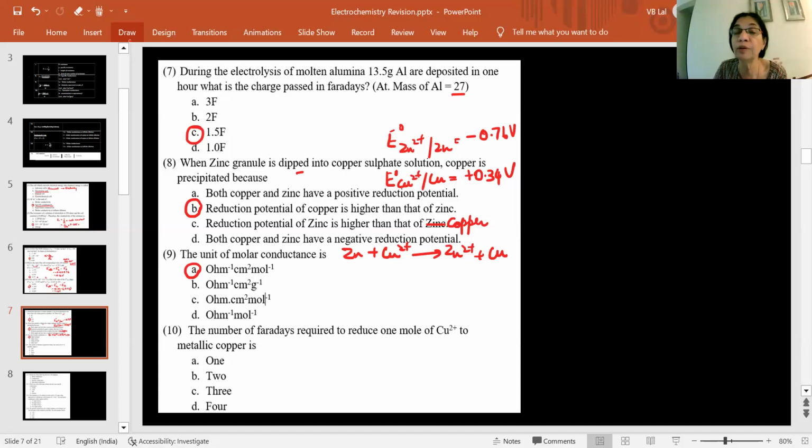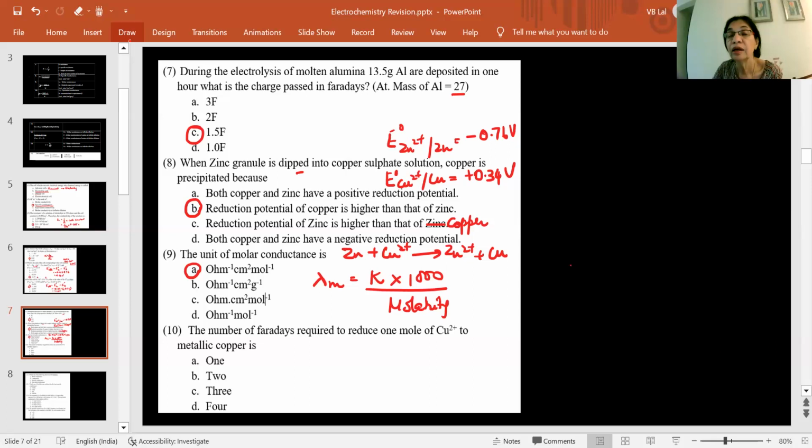Right? Can you remember the formula? Molar conductance is equal to kappa into 1000 divided by molarity. Right? So what is the unit for molarity? Moles per centimeter cube. What is the unit for conductivity?